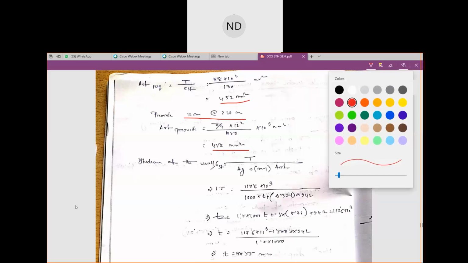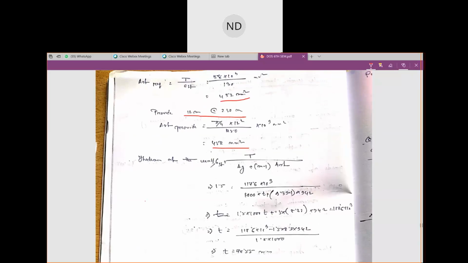M we have to calculate, the modular ratio. Modular ratio is how much? Okay, they have not done it, so I'll show you here.